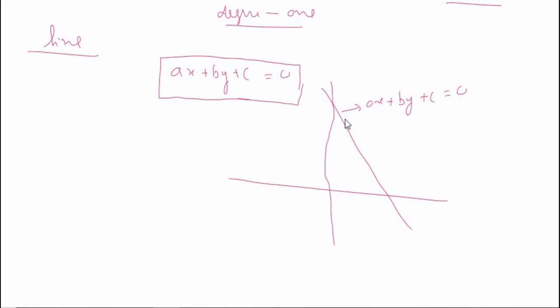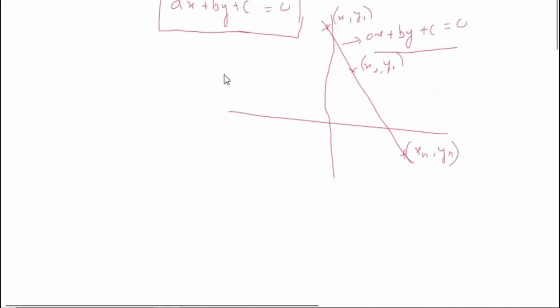Now every point on this line, suppose this point is x1, y1, this point is say x2, y2, or any one more point here, is a solution of this linear equation in two variables, ax plus by plus c equal to 0.